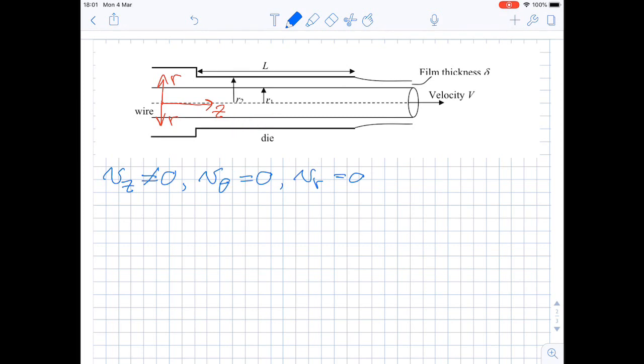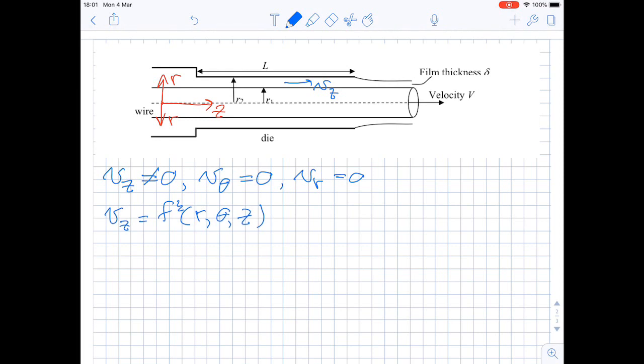So next we need to analyze the function of Vz itself. Vz can be a function of r, theta, or z. The first variable would be r. If Vz is going in this direction, you go along the r direction, finding two points in the system, asking yourself whether there are two points where Vz is not the same.